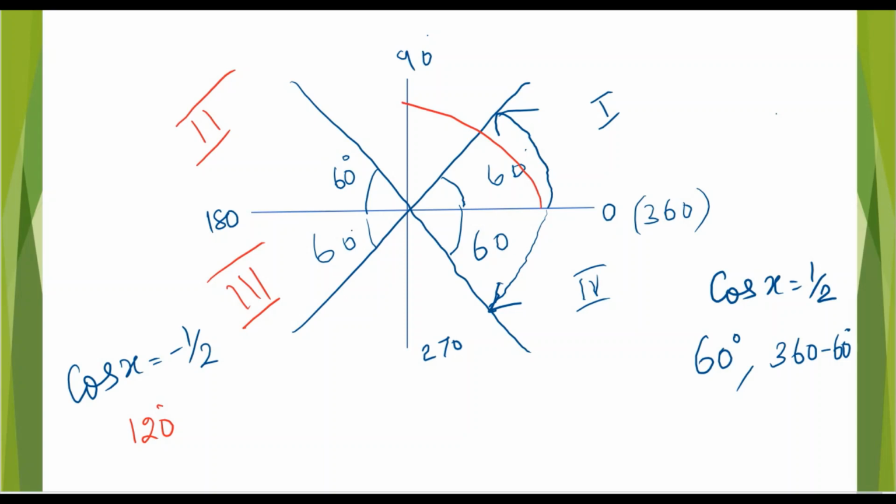So from here it is 120 in the anti-clockwise direction. In the clockwise direction from here to here, this is 120. This can be written as 120 and 360 minus 120, so 240. So the solution for cos x equal to minus 1 over 2 is 120 and 240, whereas for cos x equal to 1 over 2, it is 60 and 300.